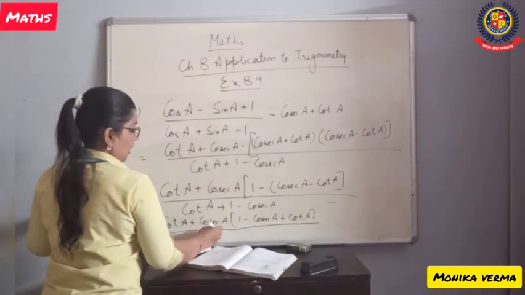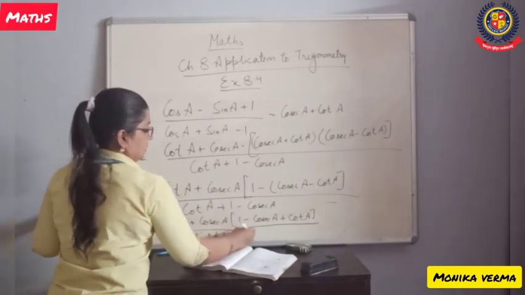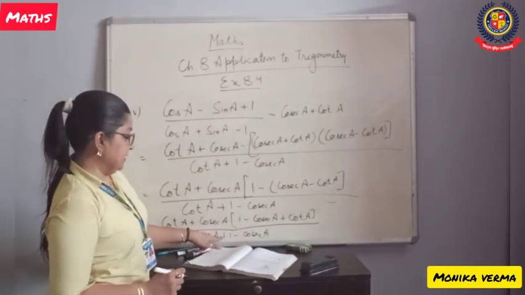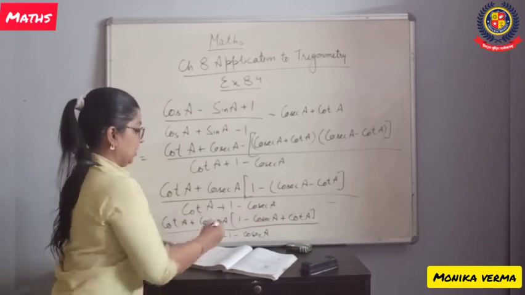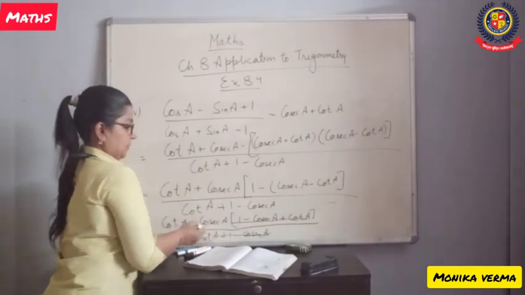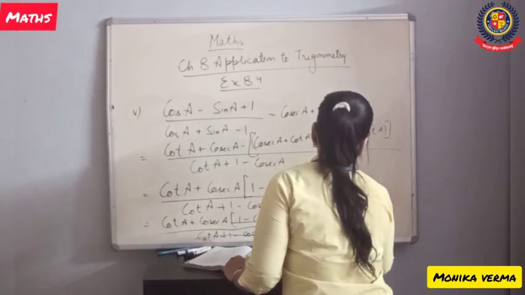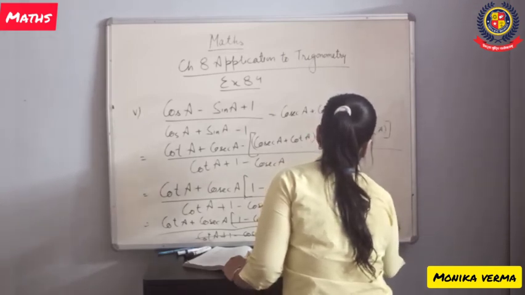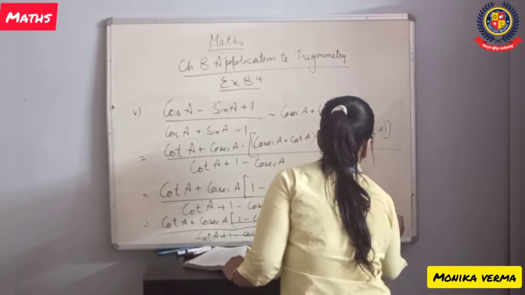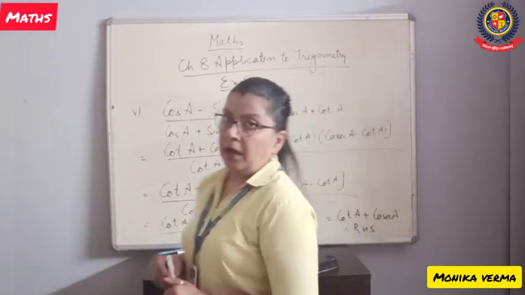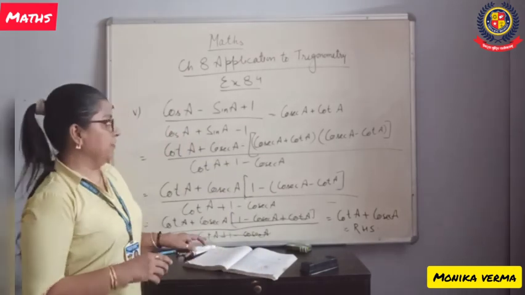Then we are having cot A plus 1 minus cosec A, and 1 plus minus cosec plus cot A. It will cancel. So we will get cot A plus cosec A, which is equal to RHS. I hope now you understand what we have done.